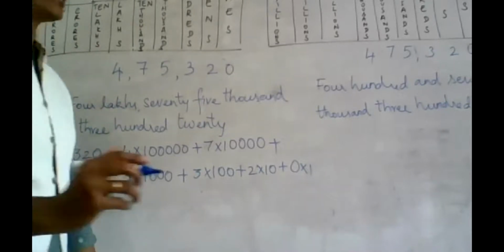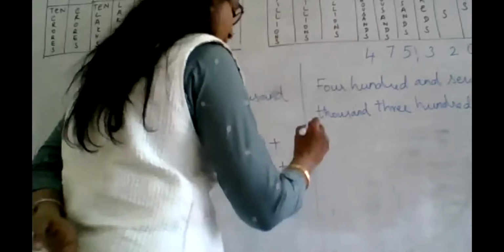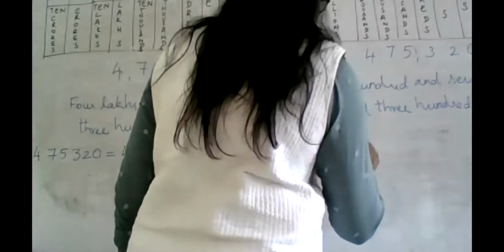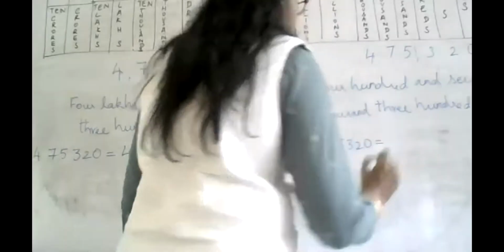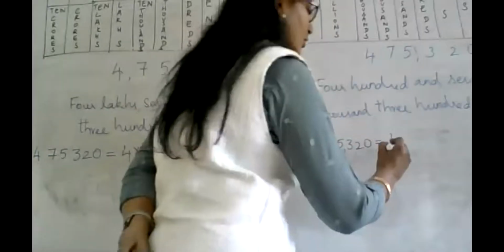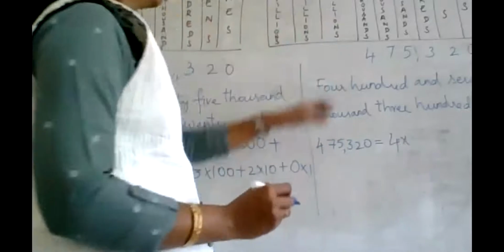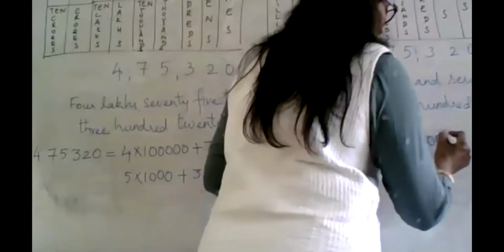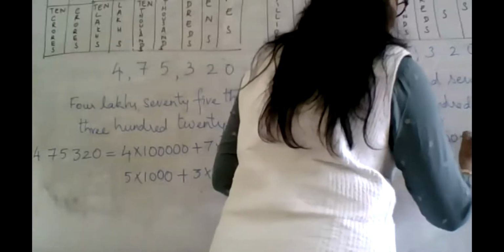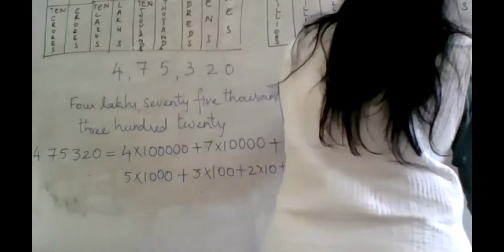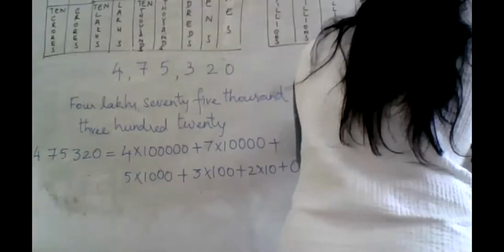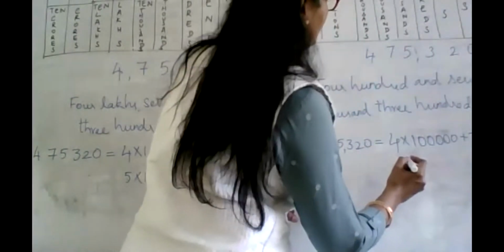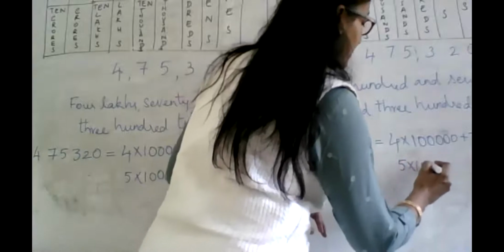The same thing in the expanded form when you write it in the international system. So this in the expanded form will be 4 multiplied with, because 4 is sitting here, there will be 5 zeros there also. Then 7 is in the 10,000s place, 4 zeros, plus the 5 is in the thousands place.